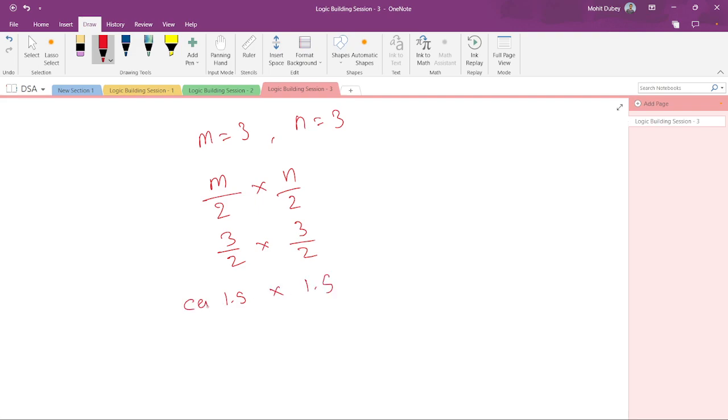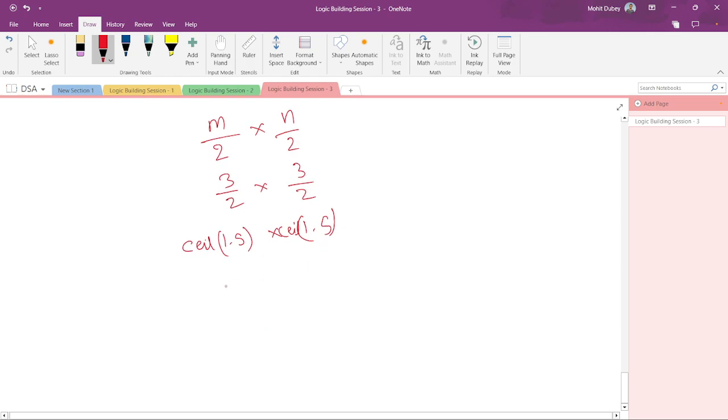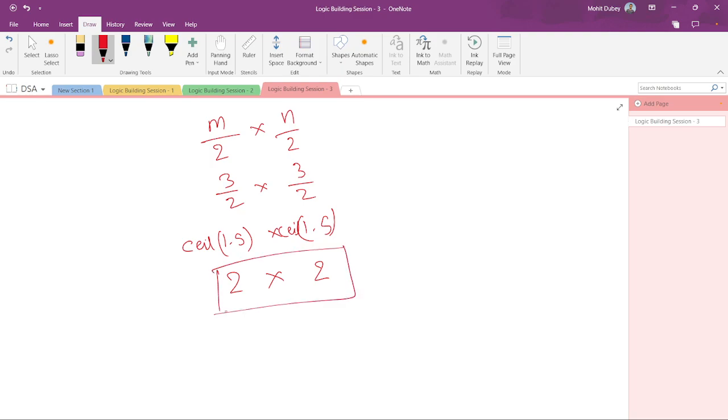If I apply ceil here and ceil here, hope everyone knows about ceil, then this returns me 2 and this returns me 2. So this way also I'm getting the answer as 4, which is our required answer, right?